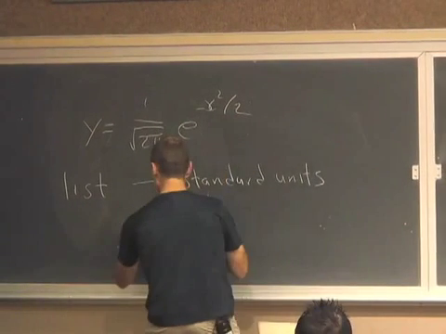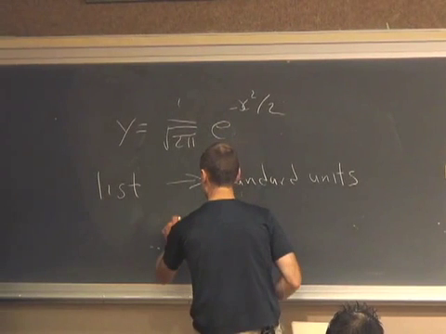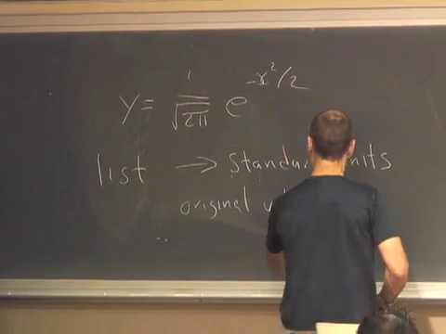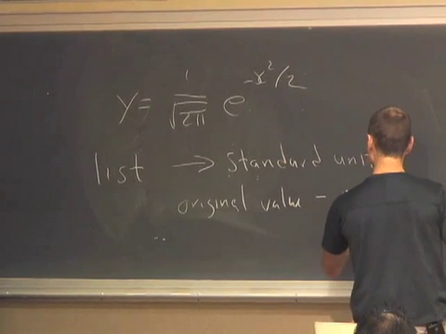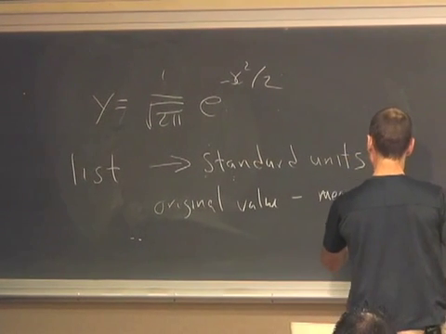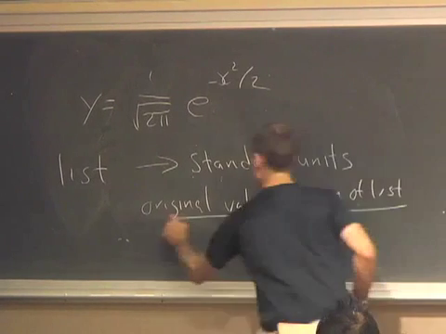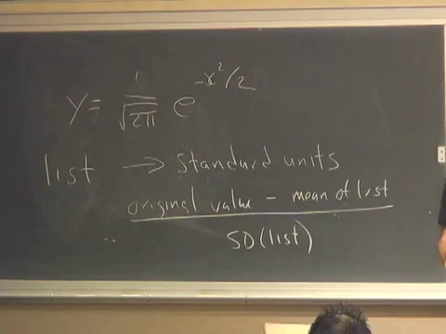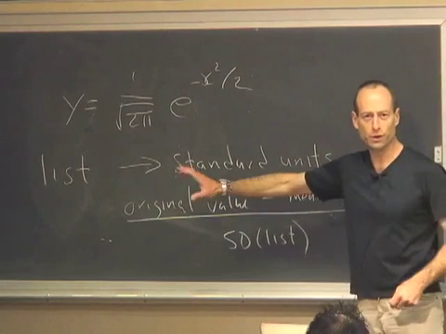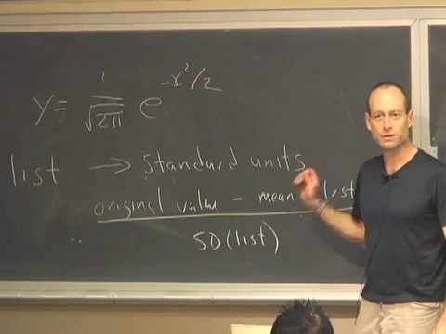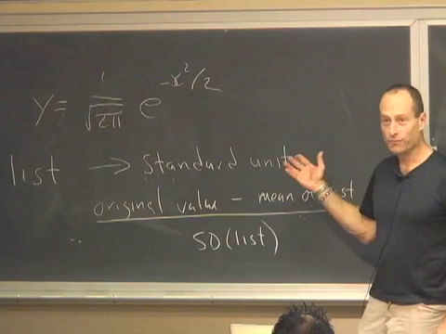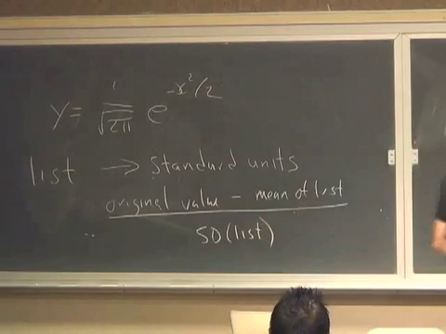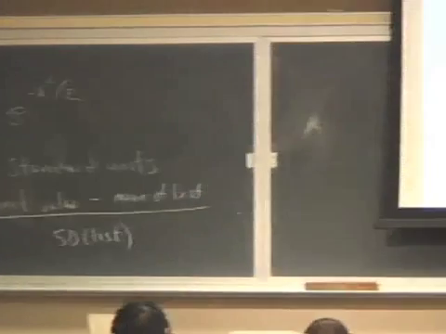You take the original value minus the average of the values, the mean of the values, divided by the SD of the list. That's how you take a value and put it into standard units for a list. For a random variable, the way you change values of a random variable into standard units is quite parallel.